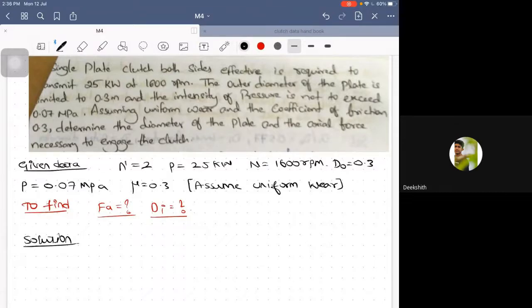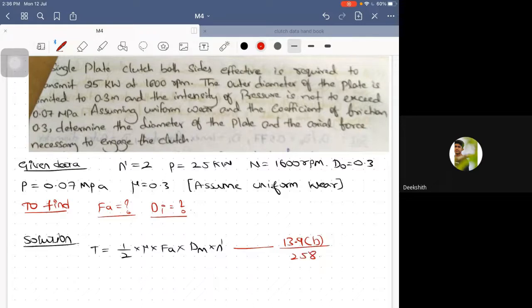Take the old torque equation, what you know, that is half into mu into Fa into Dm into N dash, according to the uniform wear, which is taken from 13.9 b, page number 258.